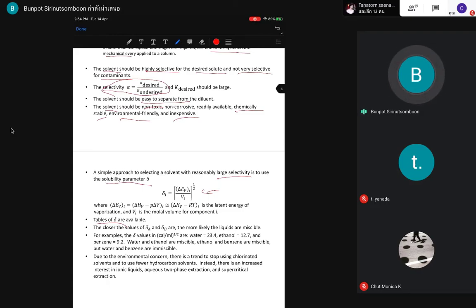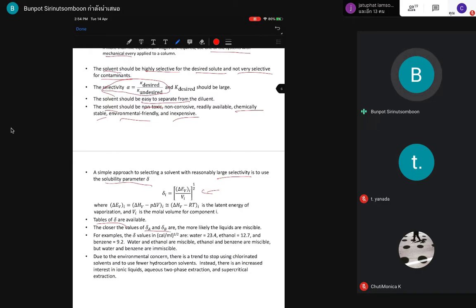Let's say you have liquid A and liquid B. If the values of delta of A and B are close to each other, it means that they are likely miscible.